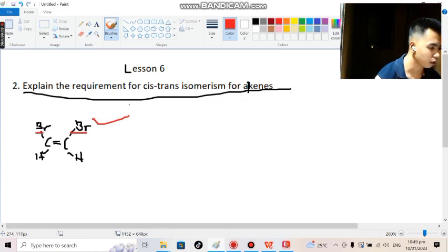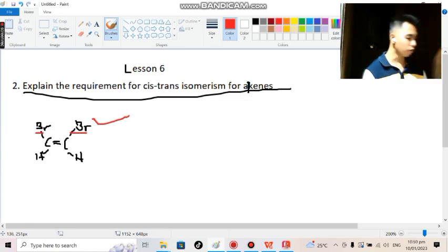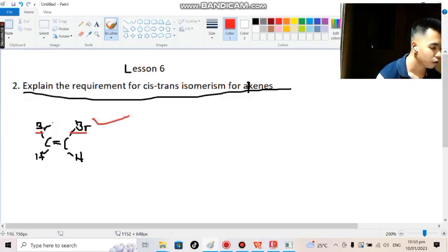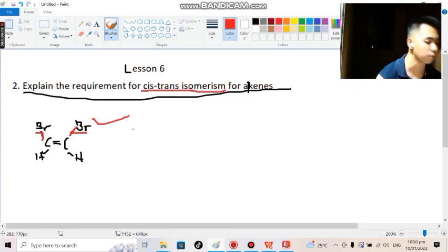Since bromine is in the upper part and the bromine is also in the other part, this is a cis or trans isomerism and it is possible.